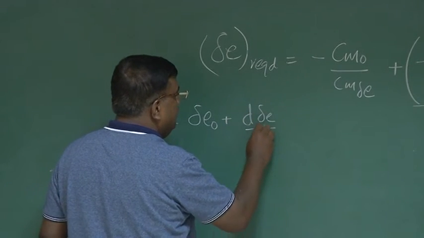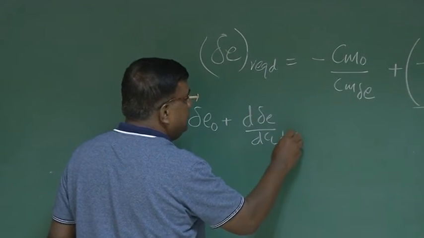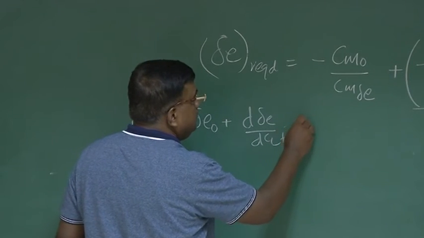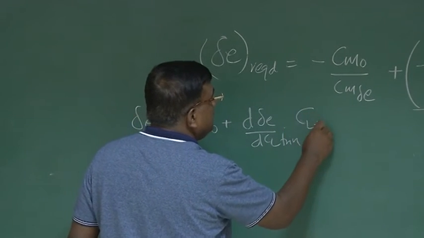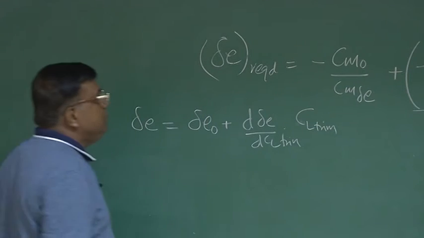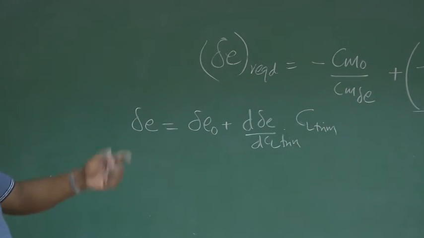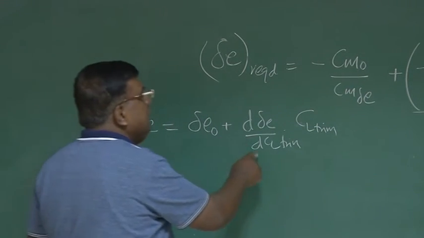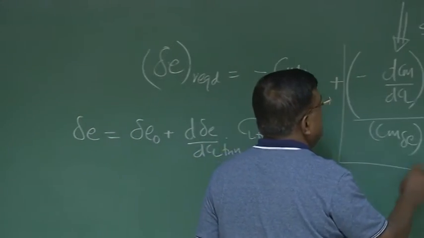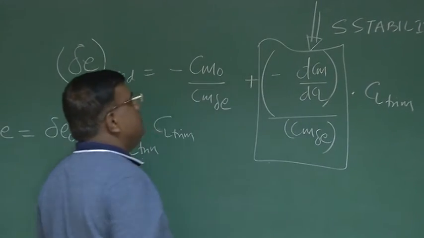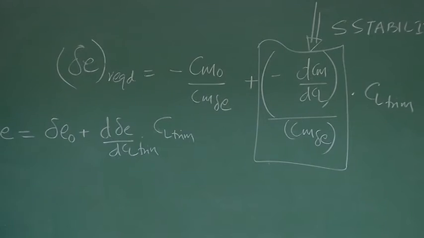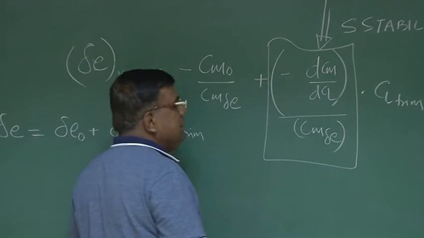Now in textbooks you will find this represented as delta E naught plus d delta E by dCl trim into CL trim. So you could easily see that d delta E by dCl trim is nothing but this term. Okay? And before I go to this, let us see the signs.